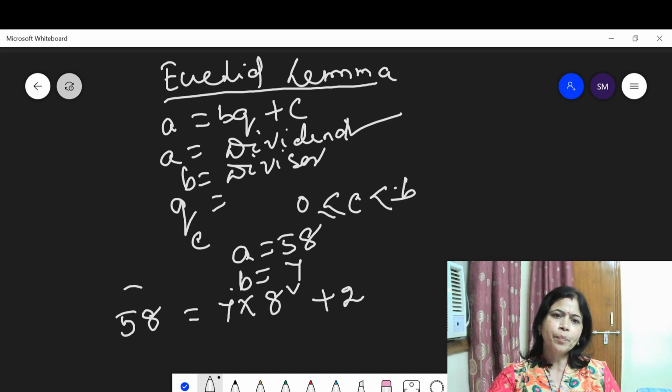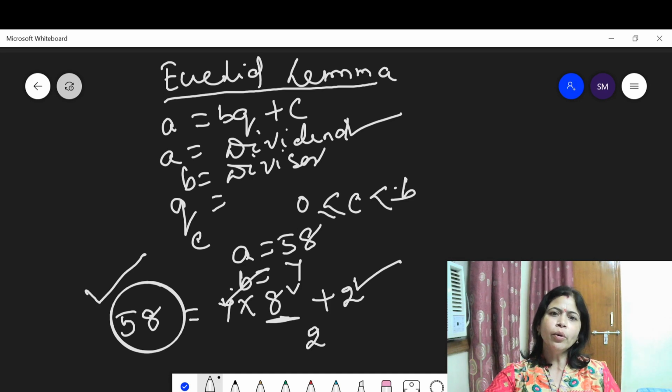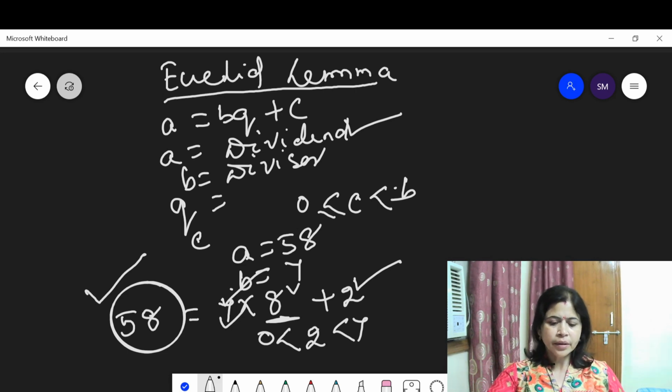Here 58 is the dividend, 7 is the divisor, 8 is the quotient and 2 is the remainder, where 2 is greater than 0 and less than 7.